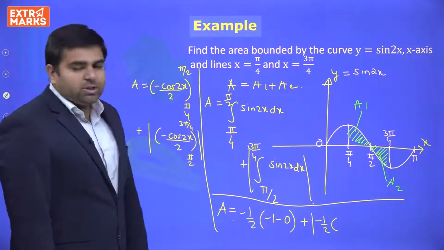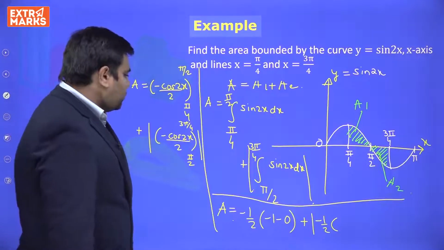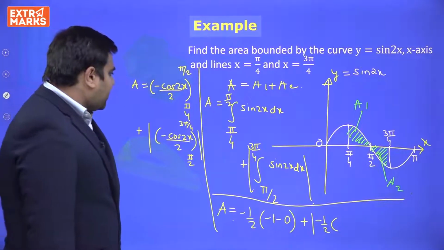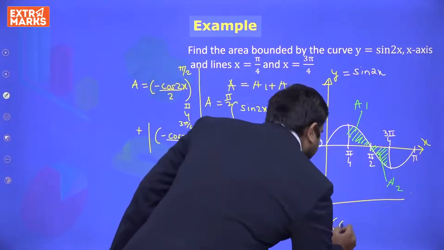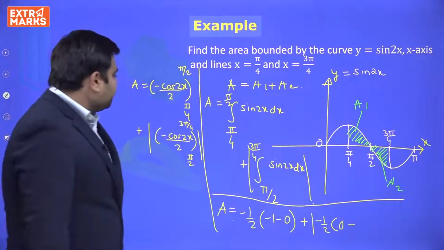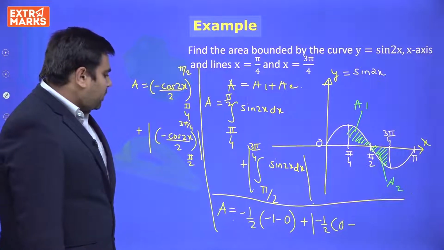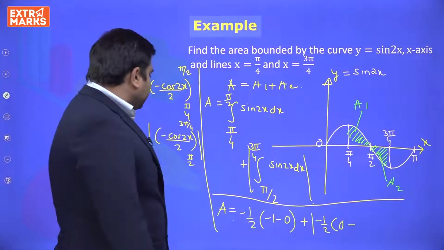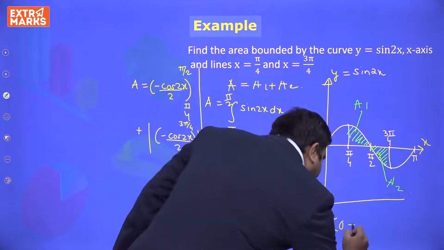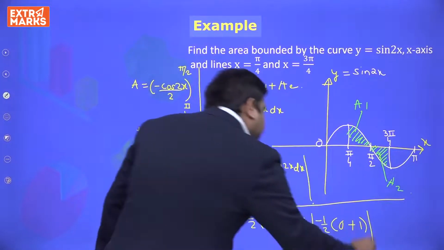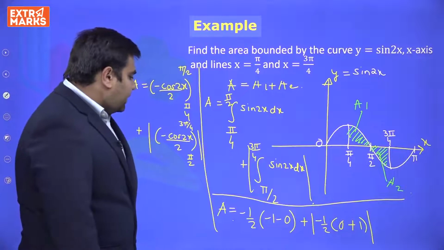So cos 2 into 3 pi by 4 is cos 3 pi by 2, which is again 0, and cos 2 into pi by 2 is cos pi. So what is cos pi? Cos pi is minus 1. So minus times of minus 1 will become plus 1, right? So now you can easily get the value.